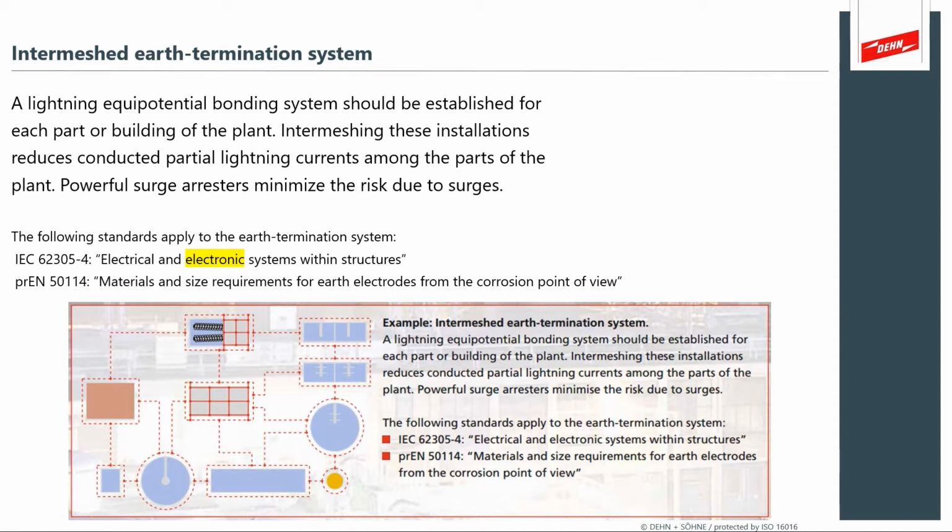The electrical bonding and your soil conductors, it's all critical, because if you get struck on one end of the plant directly, that electrical lightning charge can really travel through and cause a lot of damage throughout the system. So what's nice about a slide like this is it shows us that it's really consistent of an intermeshed electrical system.